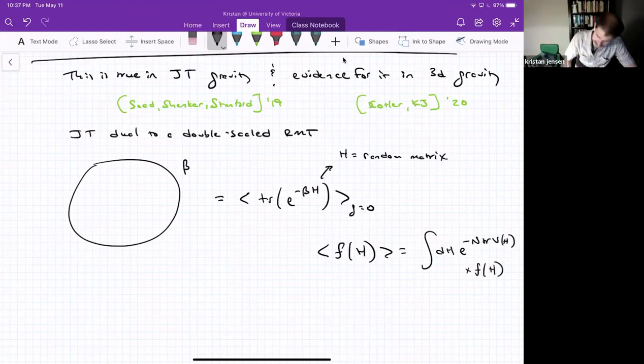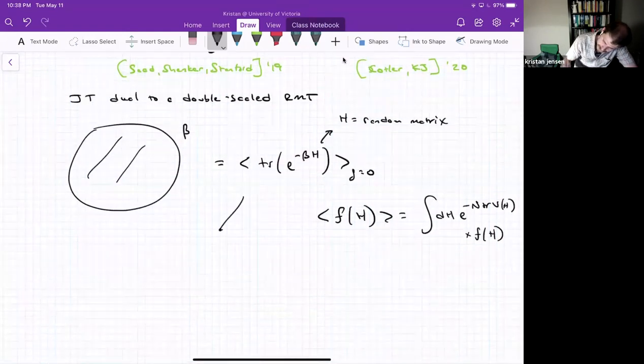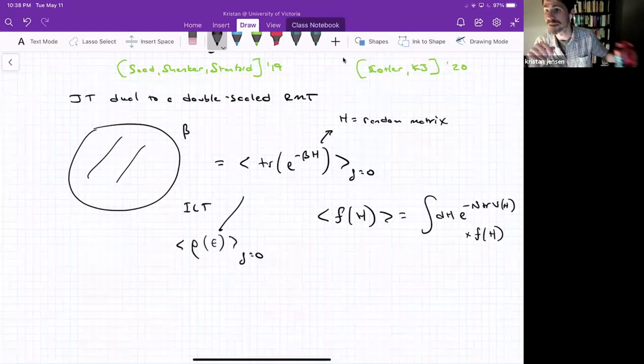So that's what happens for the disk. And this, if you do an inverse Laplace transform, gives you the genus 0 approximation to the density of states. So that's how you can get a density of states from the disk.